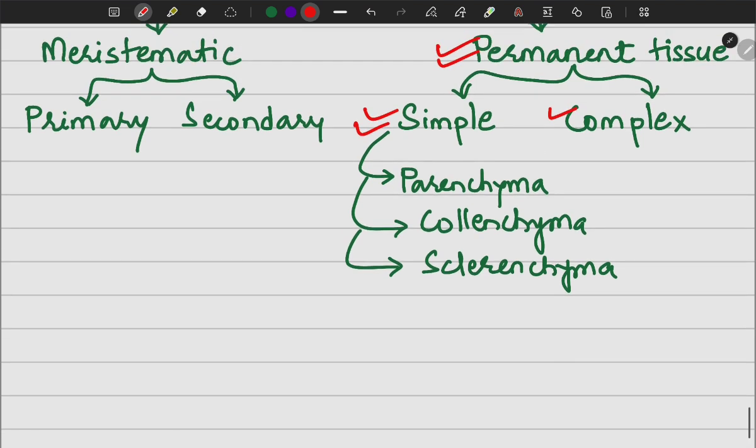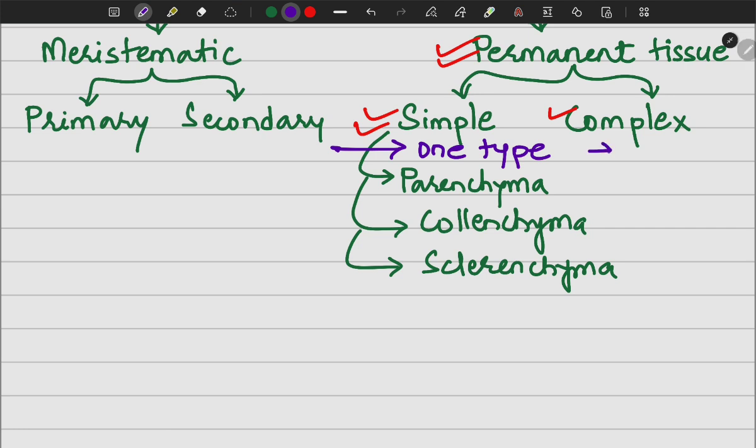In the simple permanent tissue, the tissue is made up of only one type of cell. These cells have similar structure and perform similar function. They constitute the simple permanent tissue.